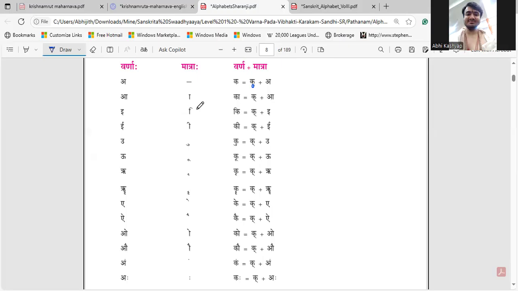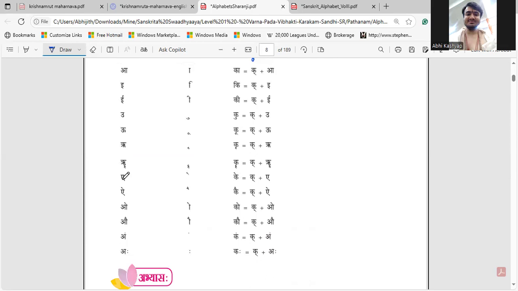Ikara is, like I said, one Gangadhara from the top and then to the left, and Ikara is to the right. Ukara, we have the pada moving towards the left, and Ukara is towards the right. Rikara is one C, and Dirgha is two C's. Ekara we have a feather. Aikara two feathers. Okara a staff and a feather. Aukara a staff and two feathers.